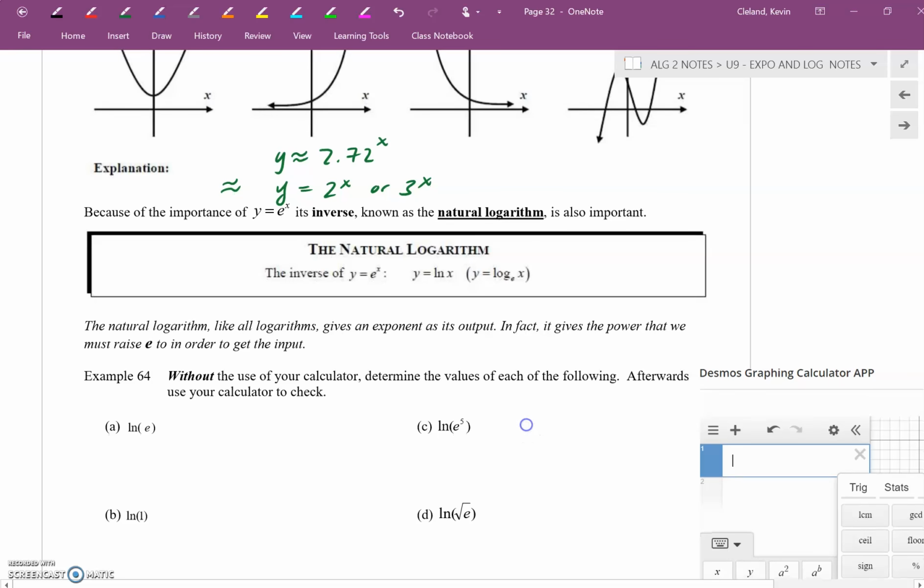Okay, now what about inverses? Because it's so important, its inverse is also important. We call this the natural log because this occurs naturally, exponential growth. So all you've got to do is remember to calculate an inverse: you switch x and y. So I'm going to take y equals e to the x, switch the x and y.